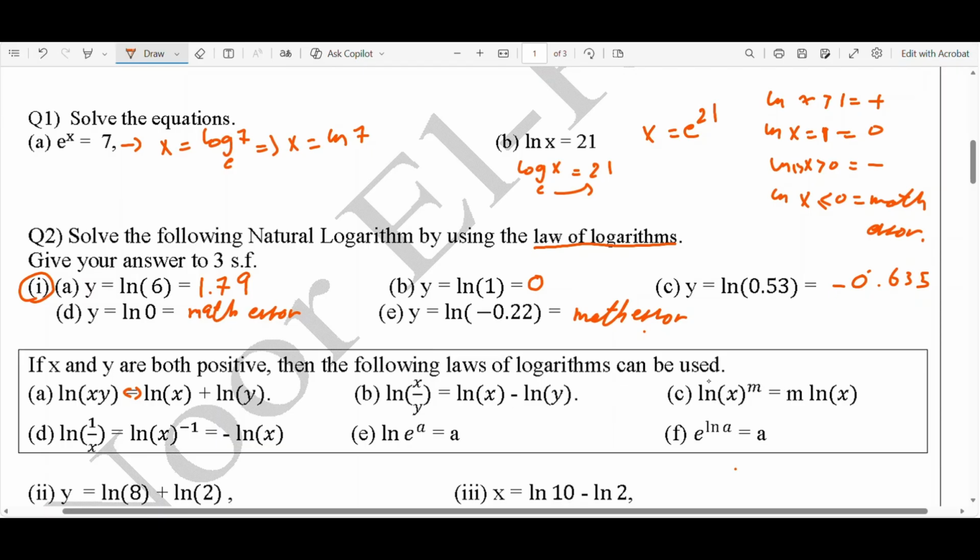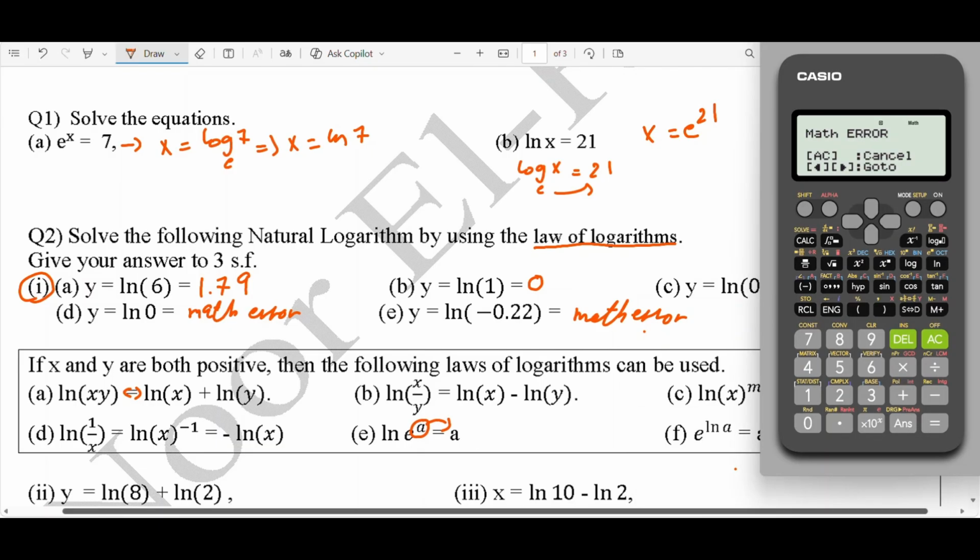The power becomes a coefficient, and the coefficient becomes a power. 1 over x gives me a negative power, and the power can become a coefficient. But I have two new rules here. Because ln and e are inverse to each other, the power here will be the answer.